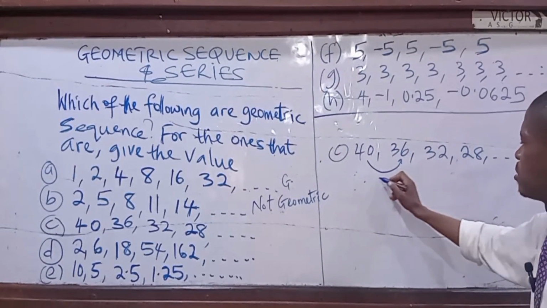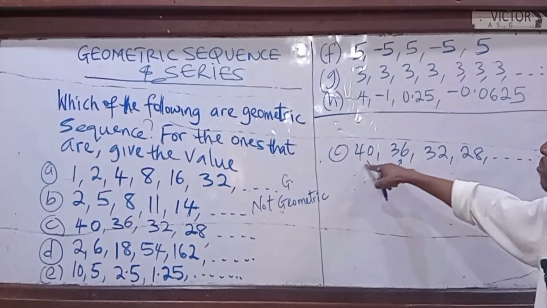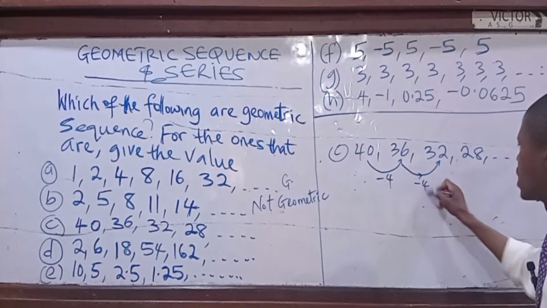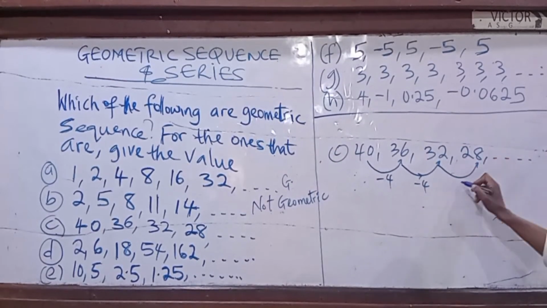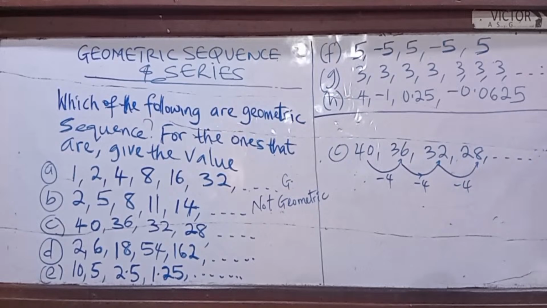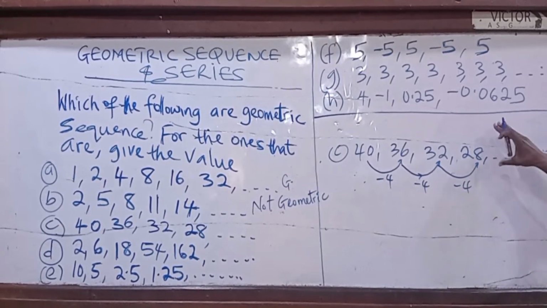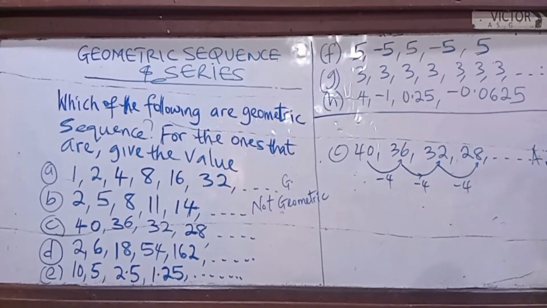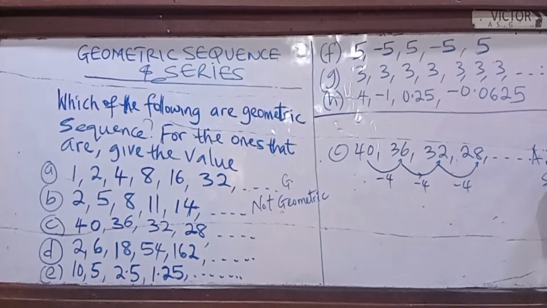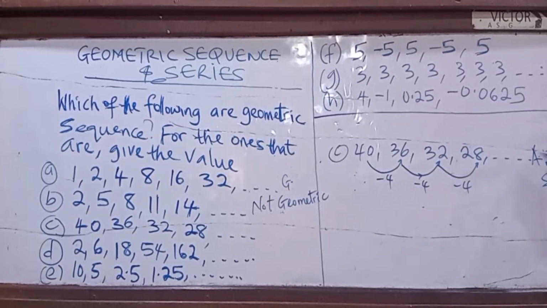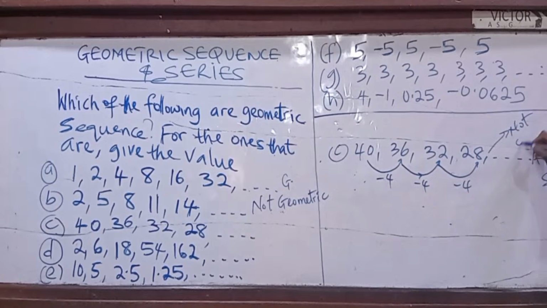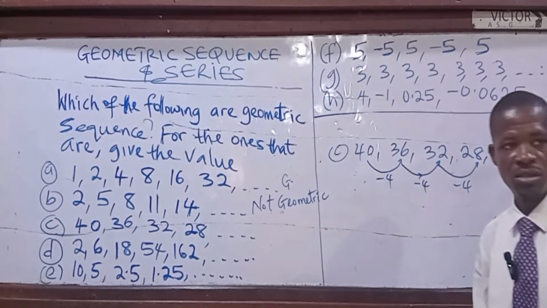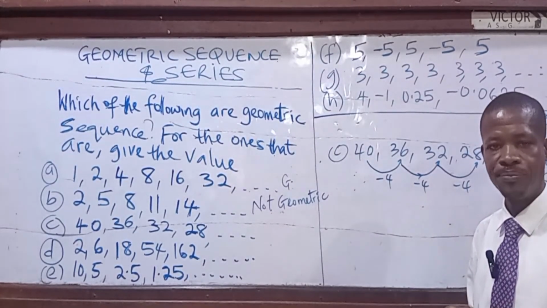The first term minus 4 gives you the second term, minus 4 also gives the third term, minus 4 also gives the fourth term. This one is not geometric. This is an arithmetic sequence. Is that clear?